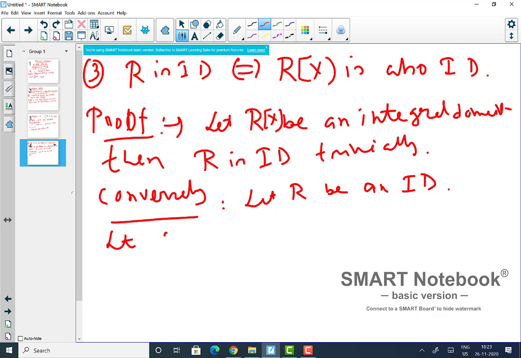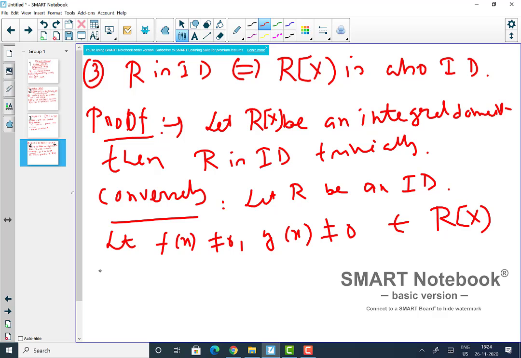Let f(x) not equal to 0 and g(x) not equal to 0 belong to R[x] be non-zero polynomials in R[x].